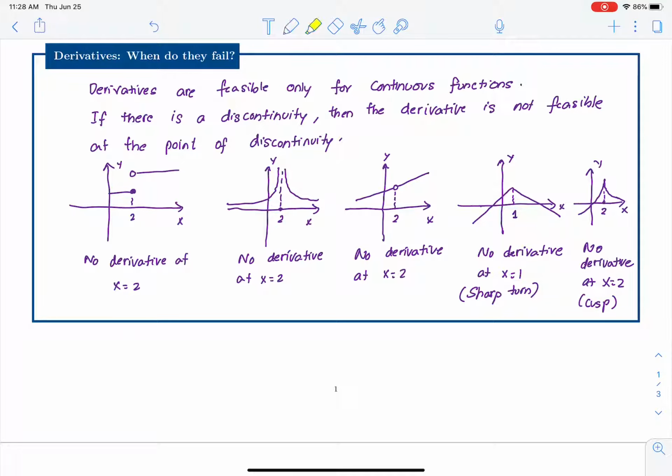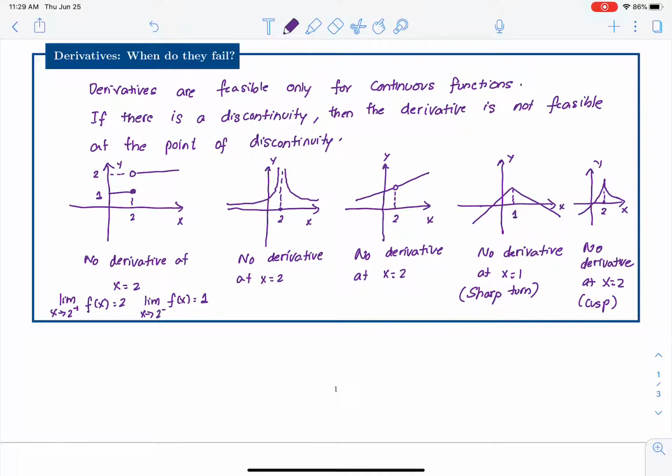So a good example would be the jump here. If I say that is 1 and that is 2, the right-sided limit toward 2 is 2, and the left-sided limit is 1. And they don't match.